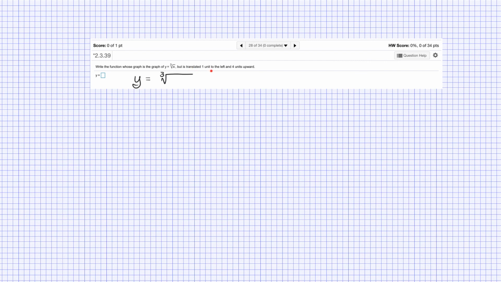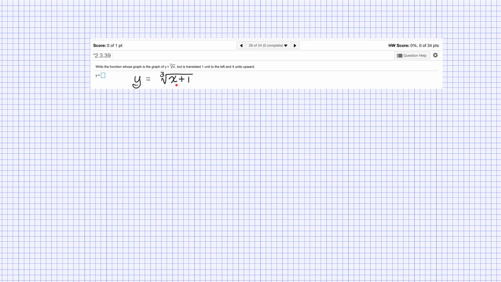So I'm going to translate it 1 unit to the left, and I know that horizontal translations are within the parent function. And if I want it to go to the left, that means it needs to go this way, right, in the negative direction. So what is going to bring that about? +1, right?